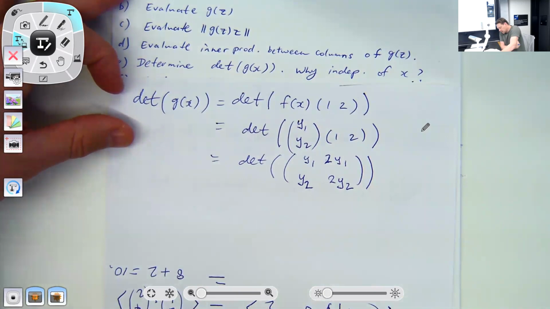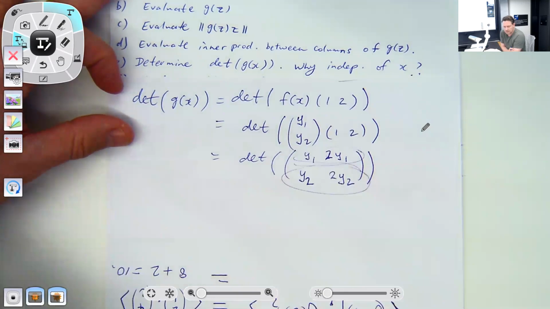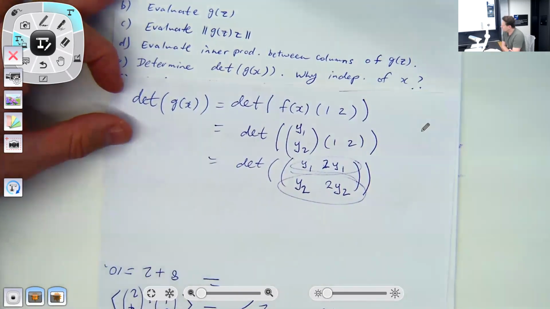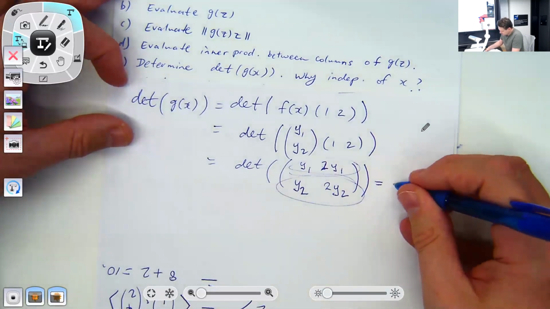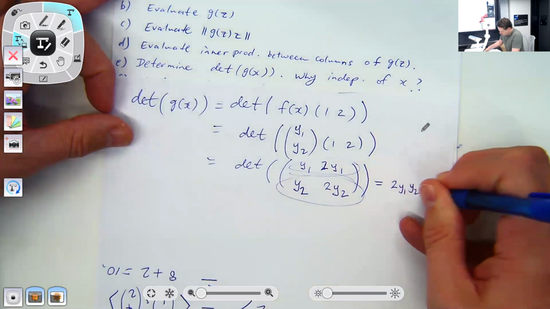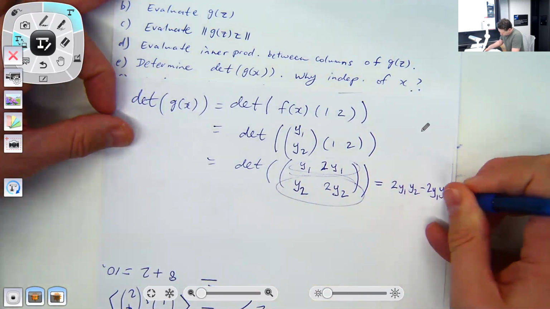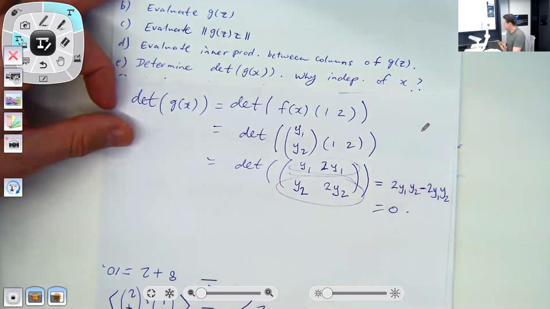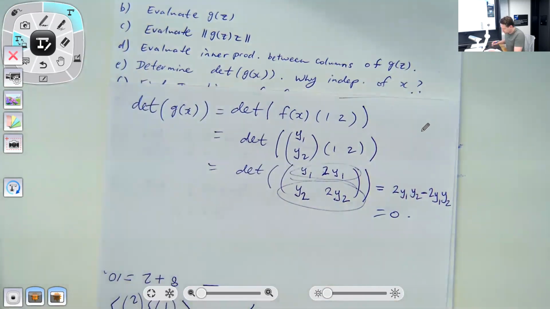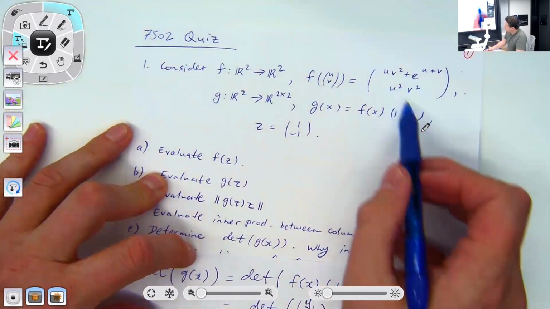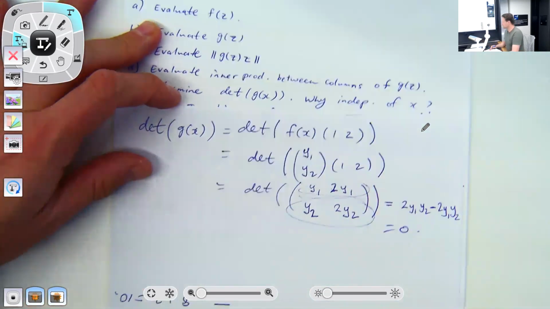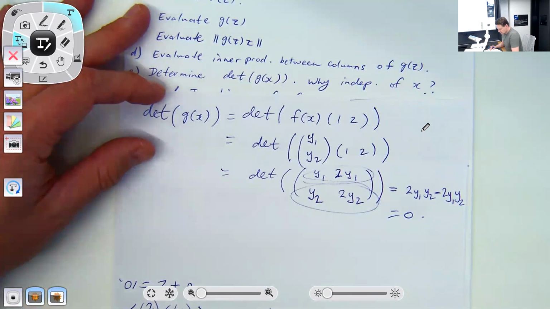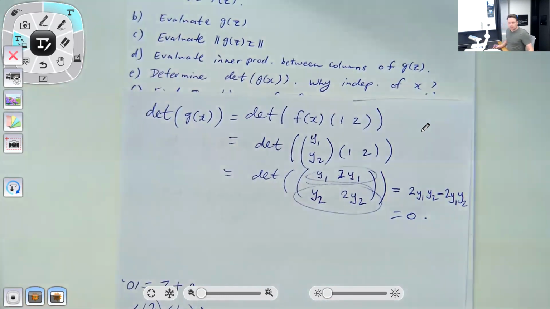I could just take that determinant, but you can notice here that the two rows are linearly dependent, so we're going to have a 0 determinant. But this is just 2y1 y2 minus 2y1 y2, so 0. And since I didn't have to rely on the formula up here for f at all, that is totally independent of the vector x. Okay, great. Let's go on to the next one.